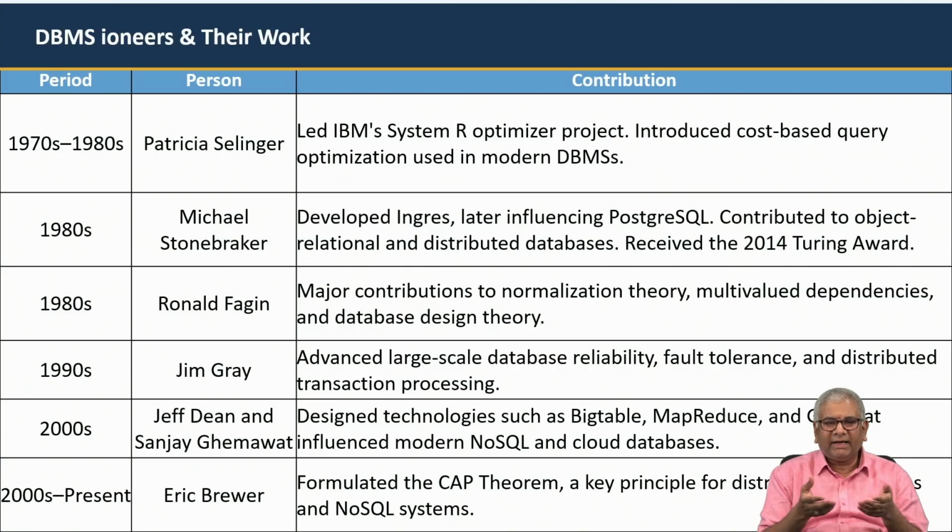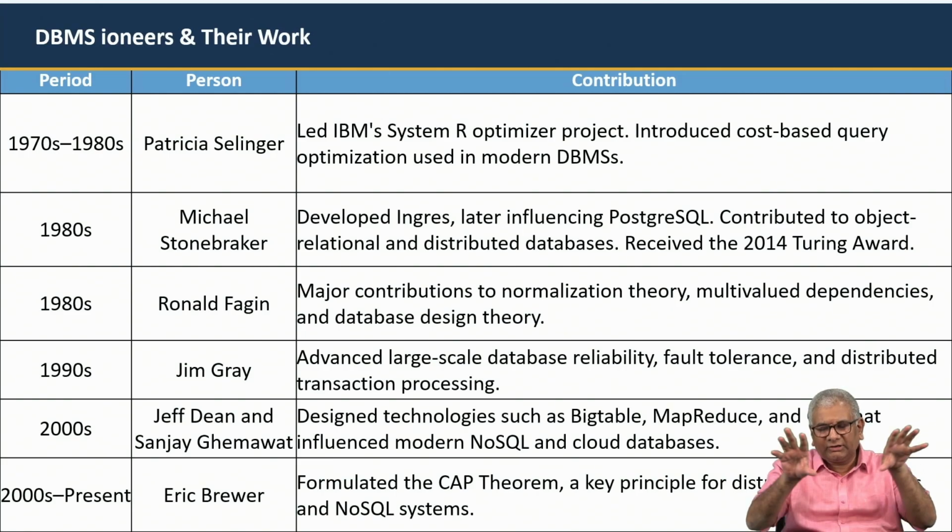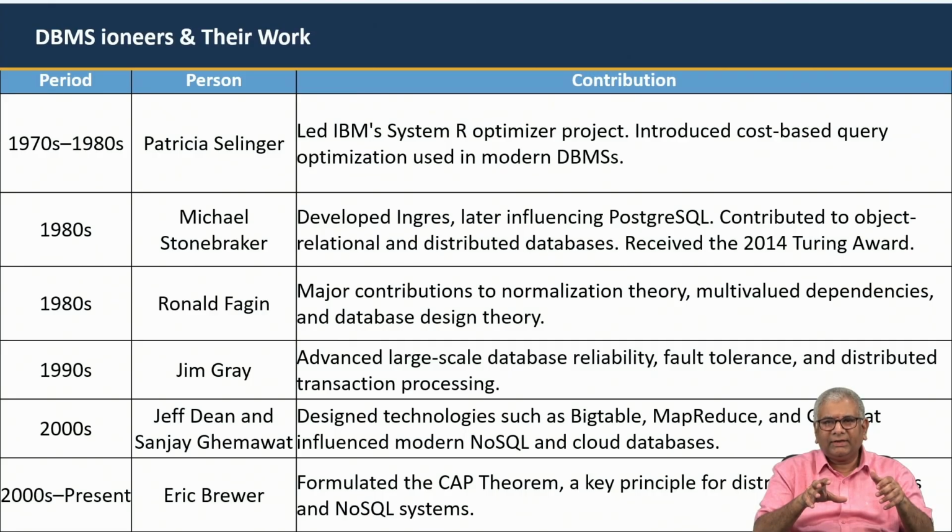Jim Gray, in the 1990s, advanced large-scale database reliability, fault tolerance, and distributed transaction processing. He pioneered the idea of how data is handled when it is distributed, meaning you don't have the entire data at one place.